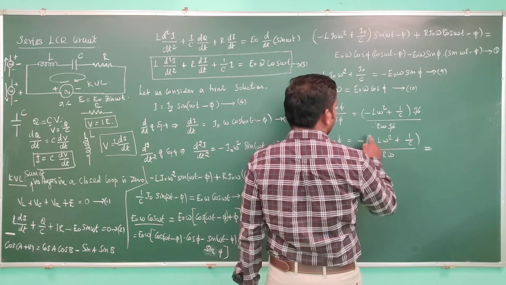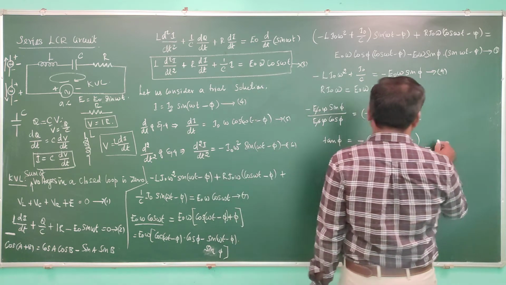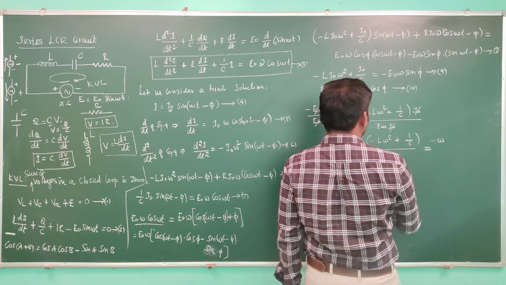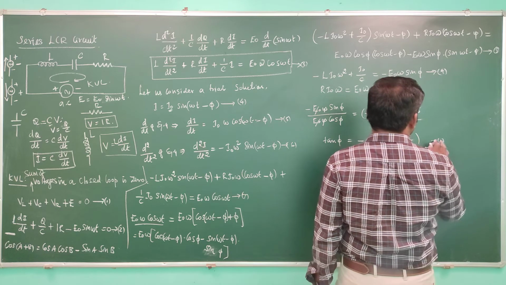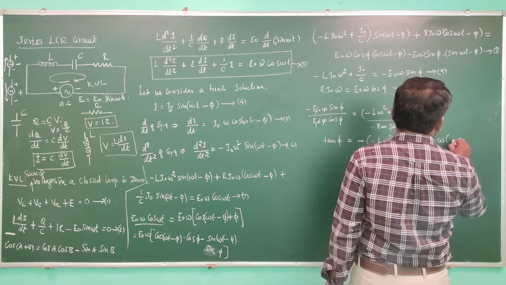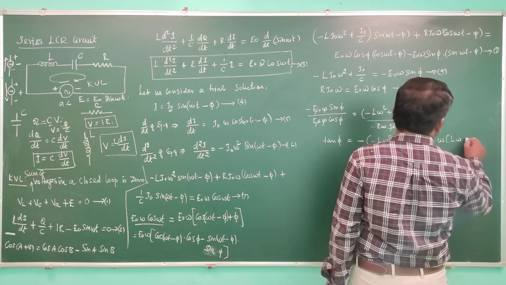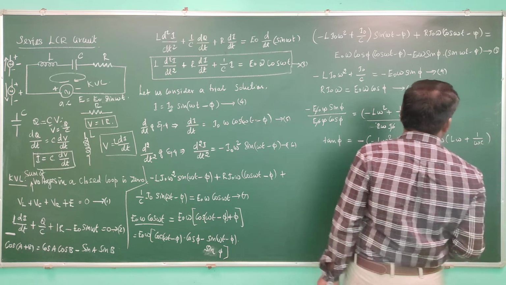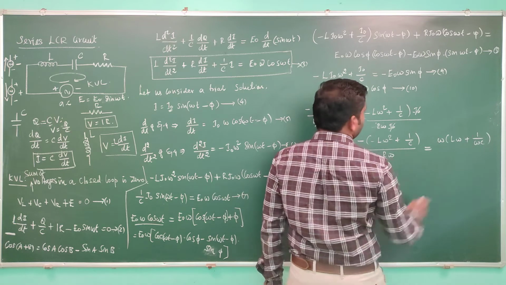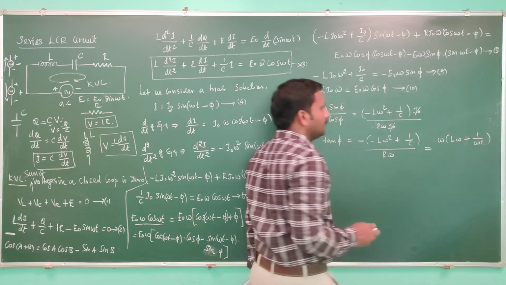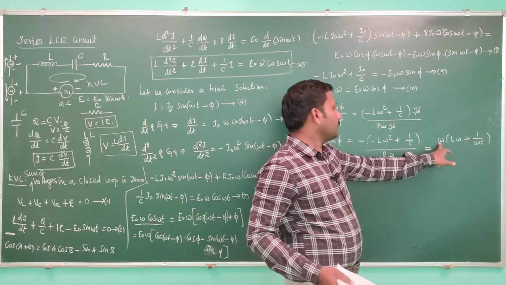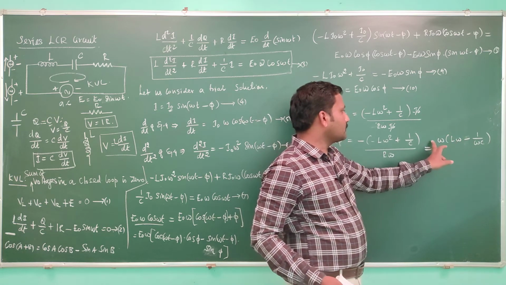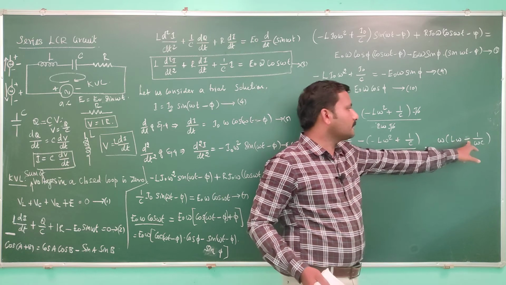Let us take one omega outside, so that minus omega, let's bring this L inside, minus inside, so that omega into L omega plus 1 by omega C. If you bring this inside, this is minus. If you bring this inside, L omega square, if you take the minus outside, here there will be minus, this becomes plus.